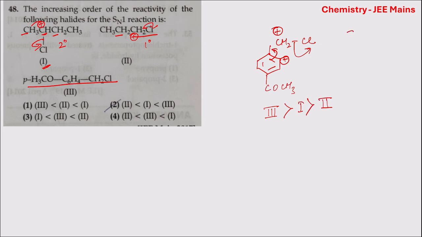Now since the SN1 reaction takes place through the carbocation intermediate, the greater the stability of the carbocation, the greater the reactivity of the halide for the SN1 reaction. Therefore, compound 3 is more reactive towards SN1 than compound 1, and compound 1 is more reactive towards SN1 than compound 2. So correct option is option 2.